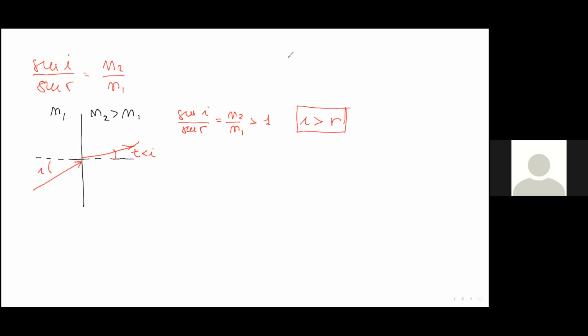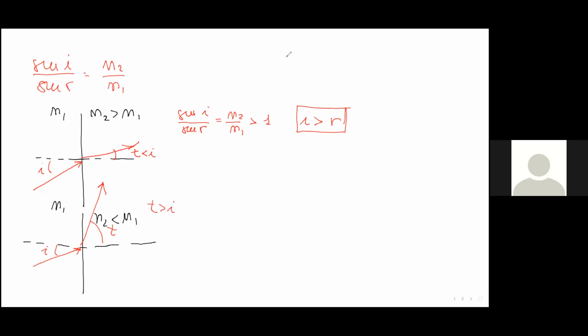Vice versa, if you are in the opposite condition, that n2 is smaller than n1, then what do you have? You simply have the opposite. You have something like this. So if this is the incidence angle and this is the transmitted angle, this transmitted angle is going to be larger than the incidence angle.